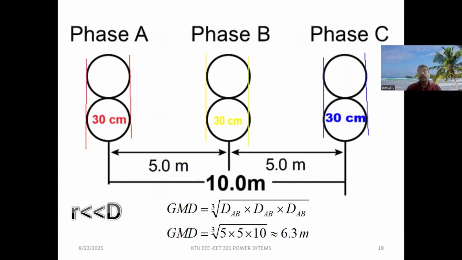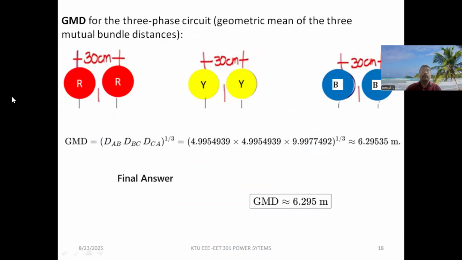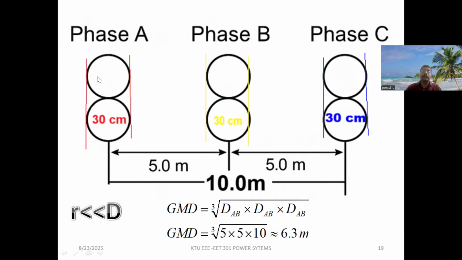Now, in the problem, nothing is mentioned about the orientation of the conductor, that is, whether it is horizontal like this or vertical like this. The second thing is, compared to the radius of the conductor, the distance will be very, very large.